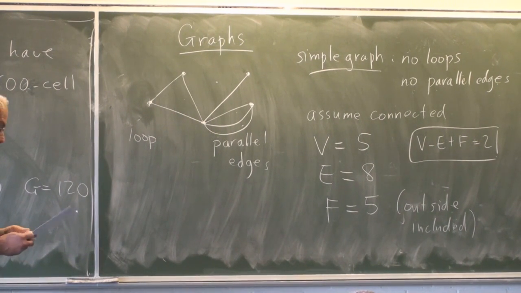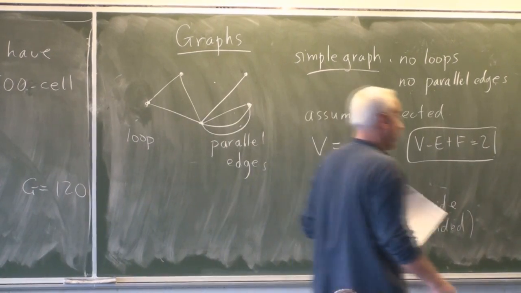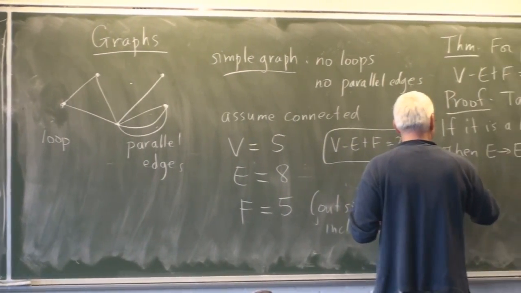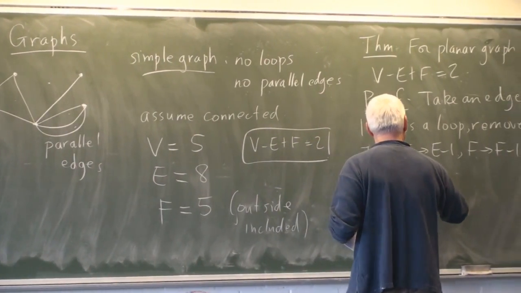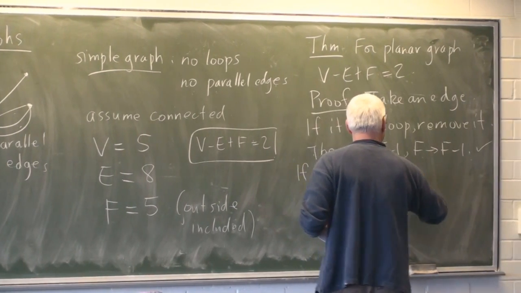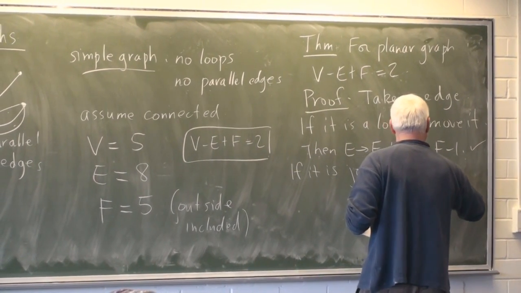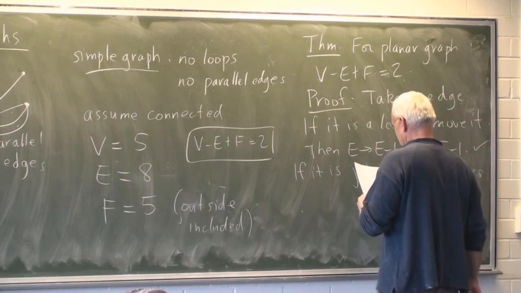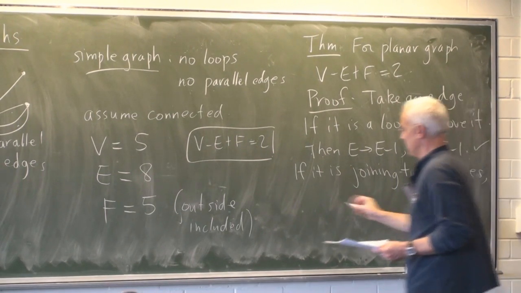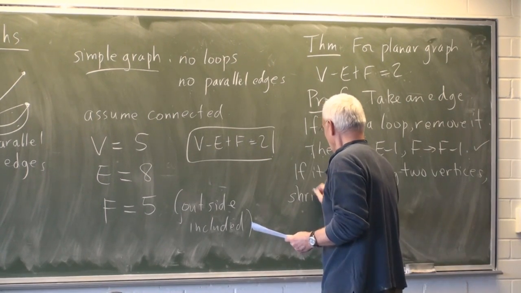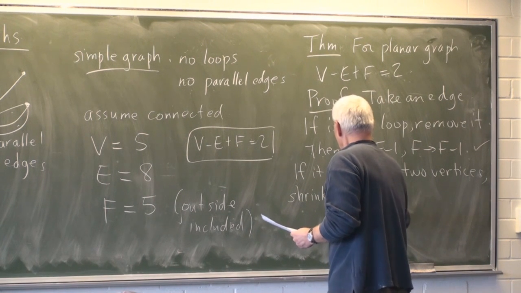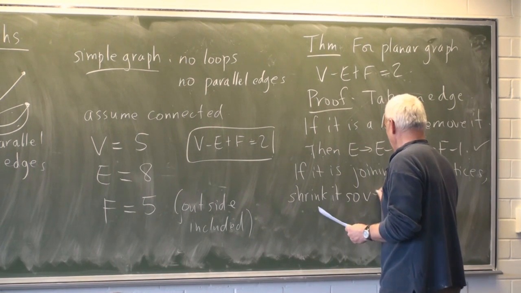Now, if it is joining two vertices, shrink it, so the vertices coincide.